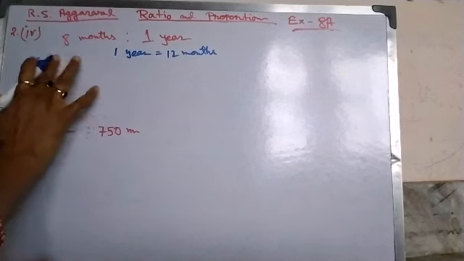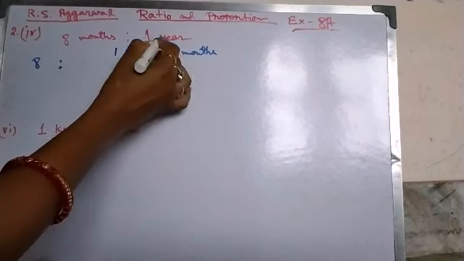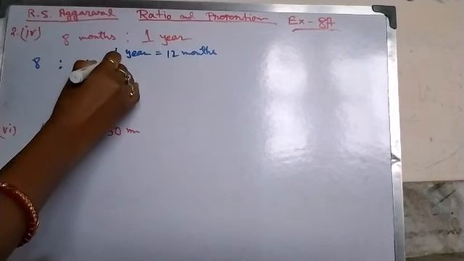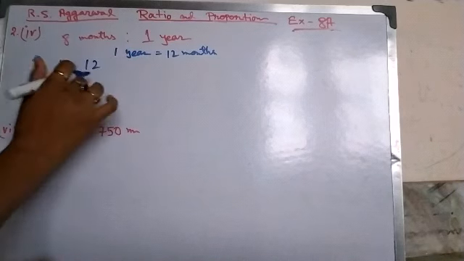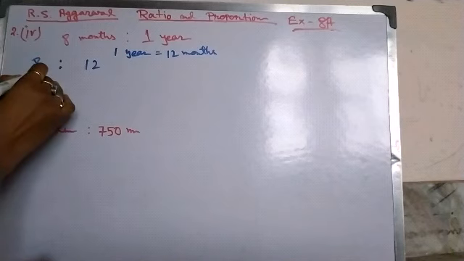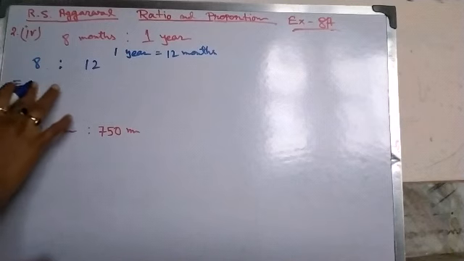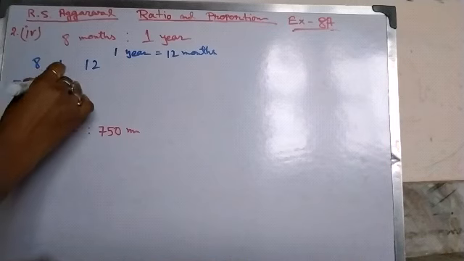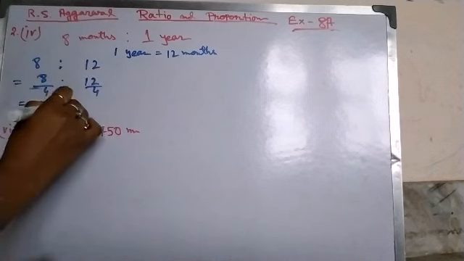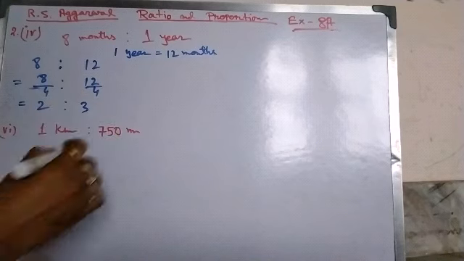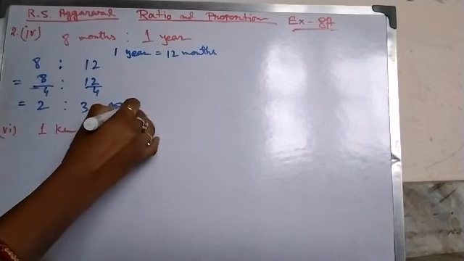Months we will not write. 8 is to, for 1 year we can write here 12 months. Months we will not write because in ratio the unit will not be written here. Then we can divide it by 4. 8 by 4 is to 12 by 4. That means 4 2s are 8, 4 3s are 12. So this is the answer. 2 is to 3.